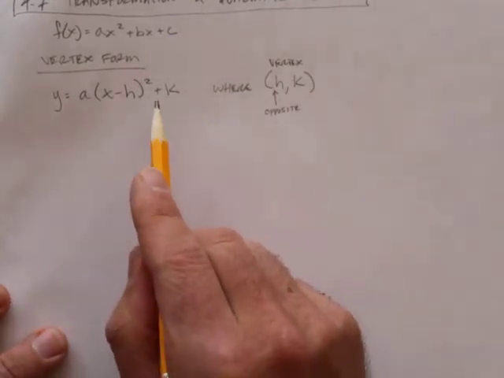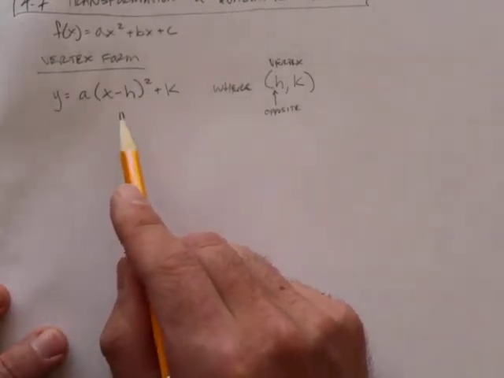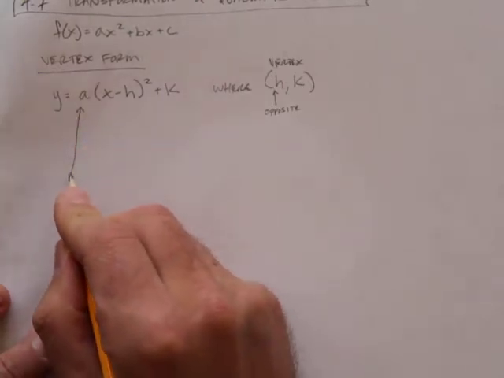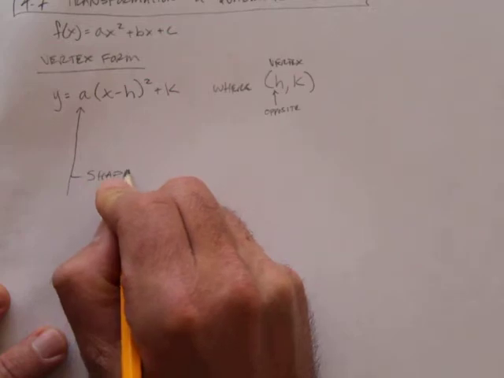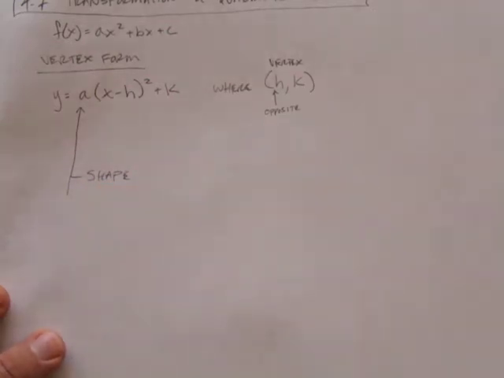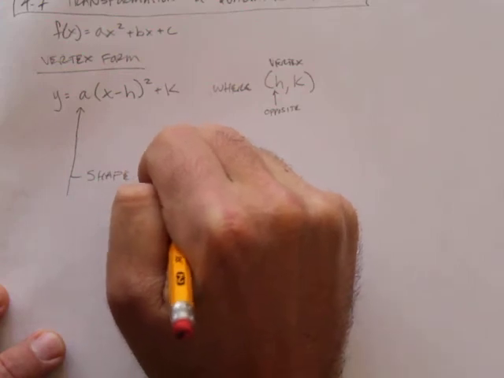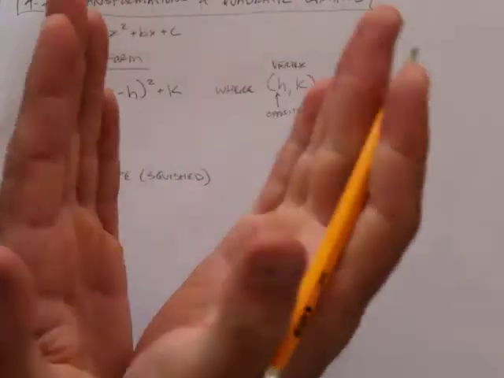Okay, now we're going to write a bunch of stuff down here with arrows up to this equation. So this a here changes the shape of the parabola, of the quadratic, and it gets squished like this.